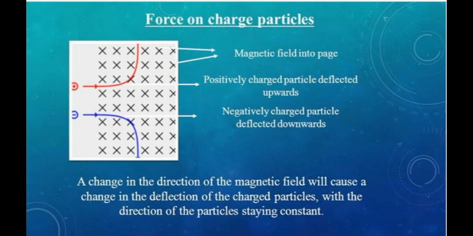How these charged particles experience a force, you can see in this figure. The cross marks show the magnetic field. We can see a positively charged particle and a negatively charged particle. A change in direction of the magnetic field will cause a change in the deflection of a charged particle, with the direction of the particle staying constant.